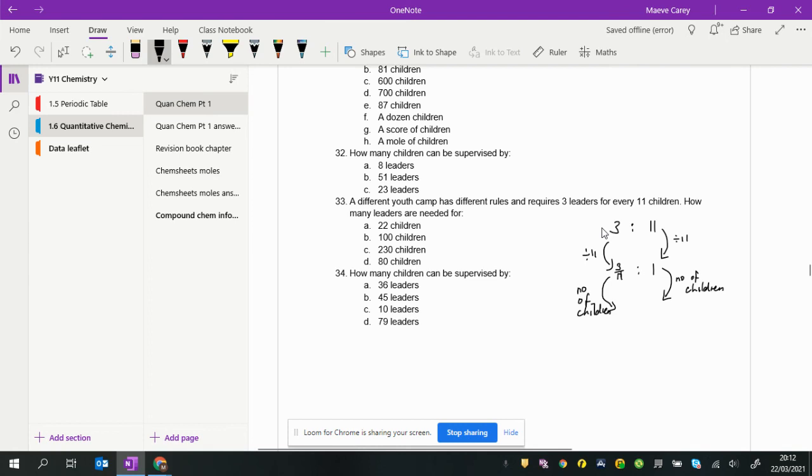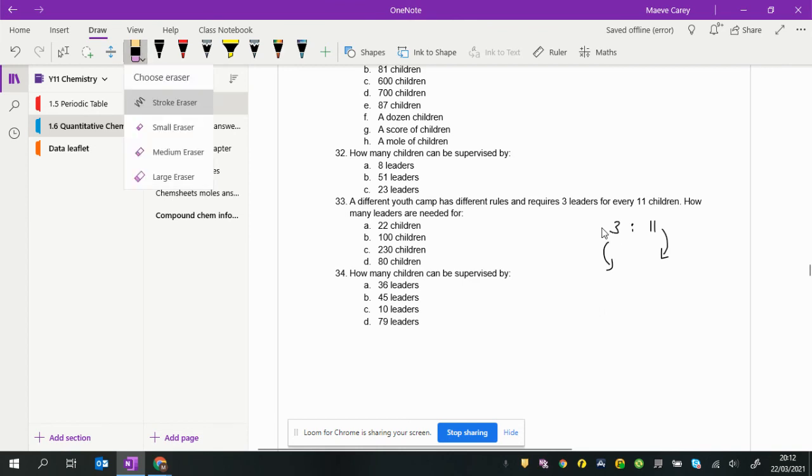And again, for question 34, how many children can be supervised by a certain number of leaders? This time you want to divide by 3, so you find out how many children for every 1 leader. So every 1 leader can supervise 11 over 3 children.